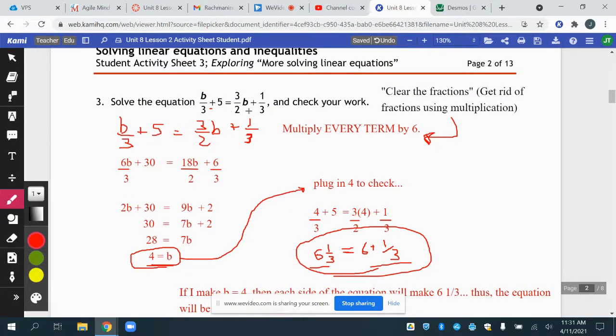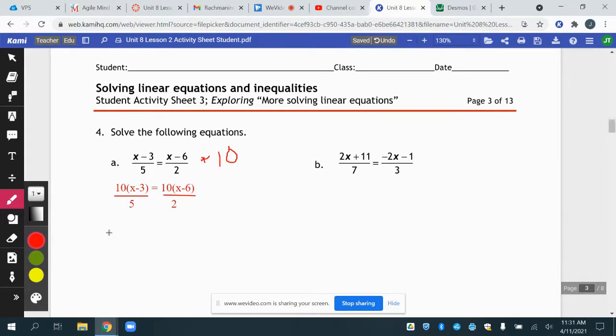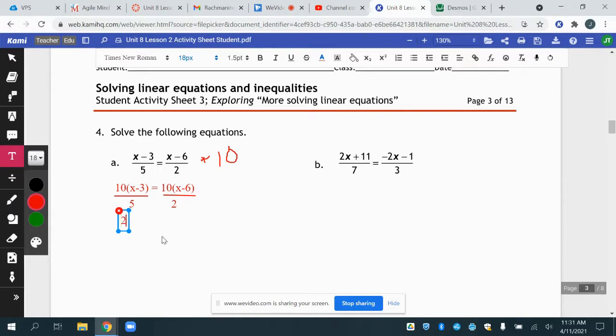They're not separated by multiplication. So this is one term. The 10, the x, and the 3, they're all one big thing being multiplied. So when I divide, all I have to do is divide the 10 by 5, and I get 2 times x minus 3. And over here I get 10 divided by 2 is 5 times x minus 6.